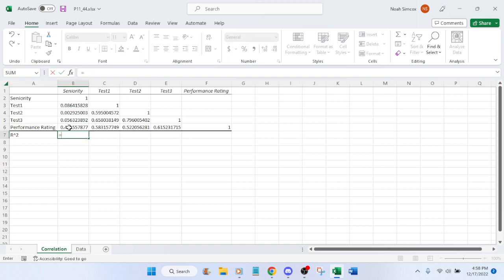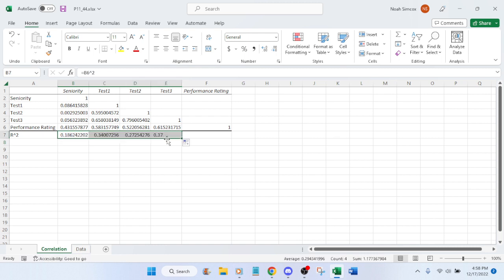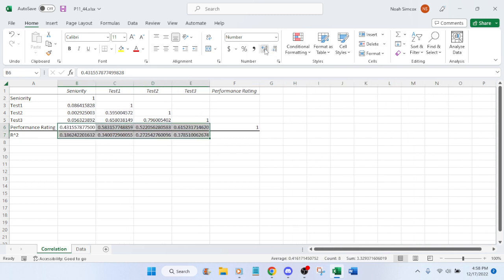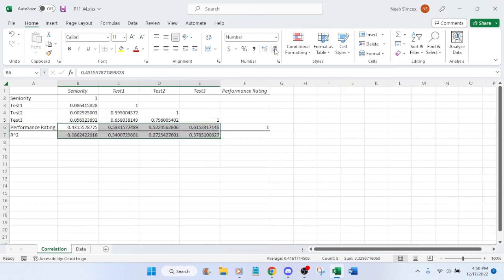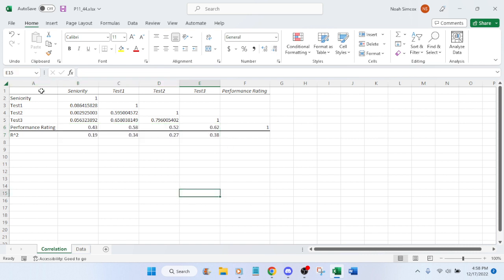Equals this, caret 2, and then go across. And there. Now I guess we'll just change all these to point. No! Oh no! Okay.